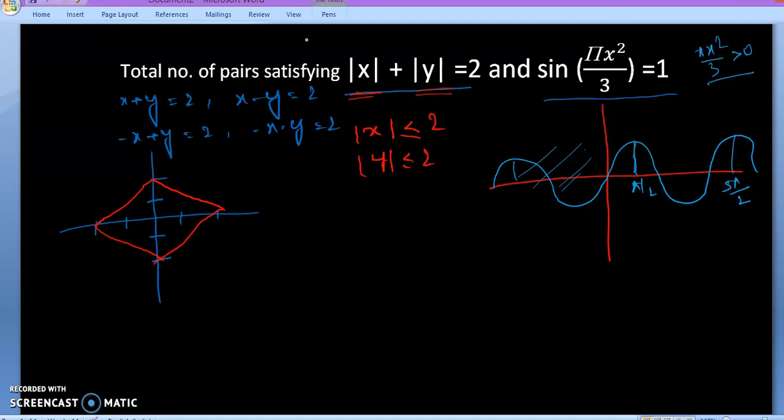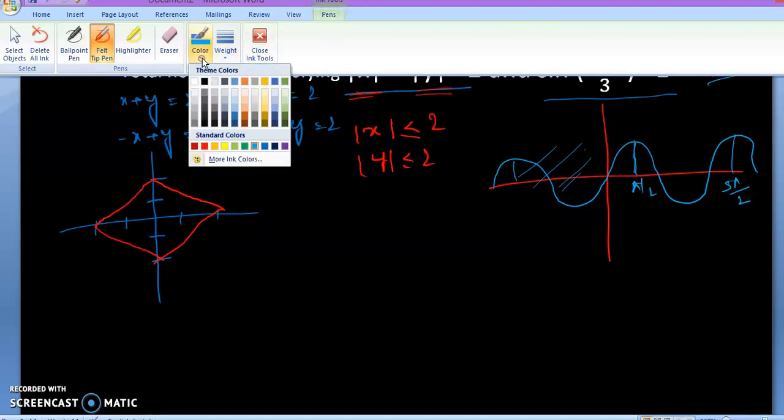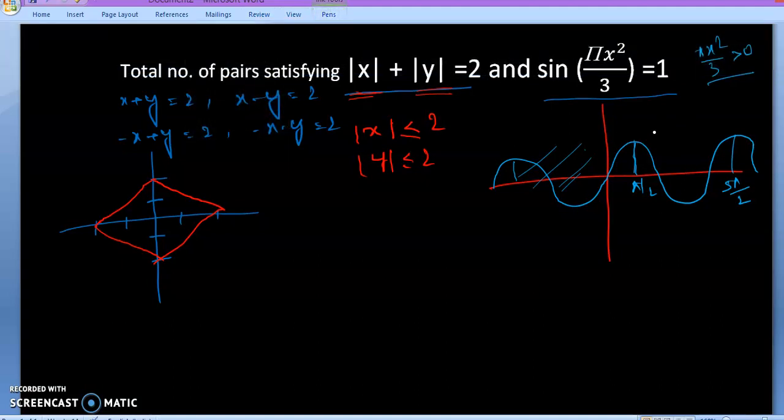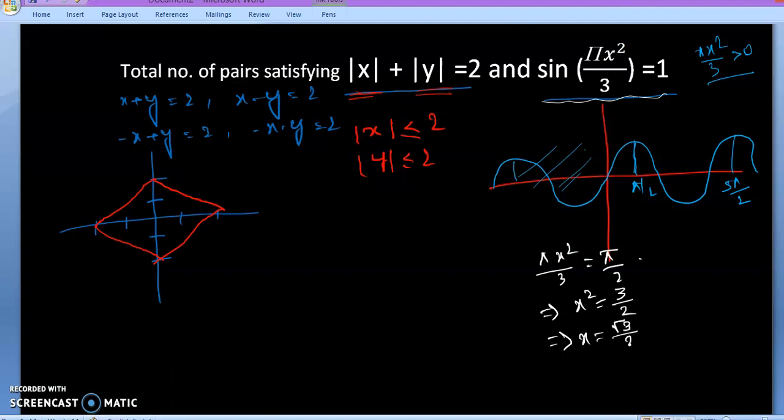Now if sine of pi x square by 3 equals 1, then we can say that pi x square by 3 equals pi by 2. That means x square equals 3 by 2, so x equals root 3 by root 2, or plus minus root 3 by root 2, which is less than 2.